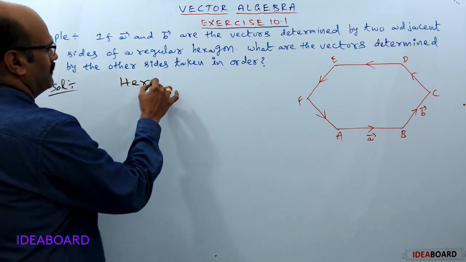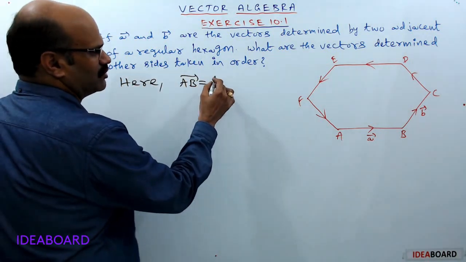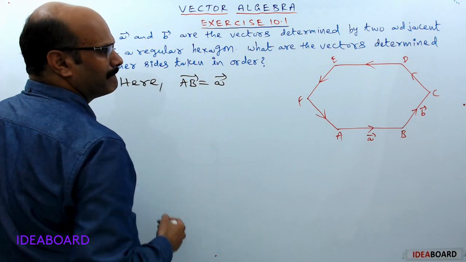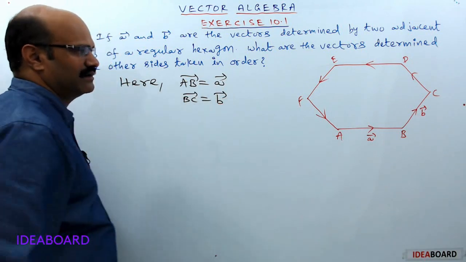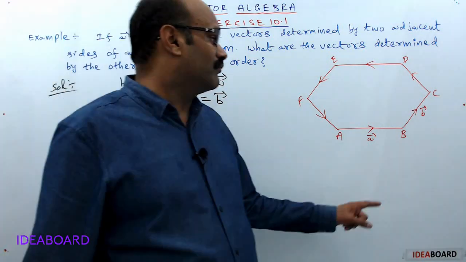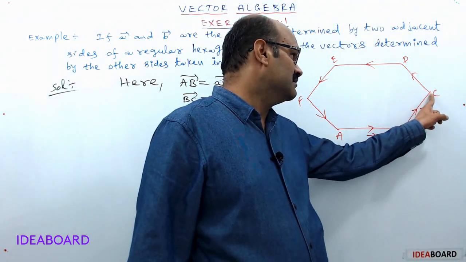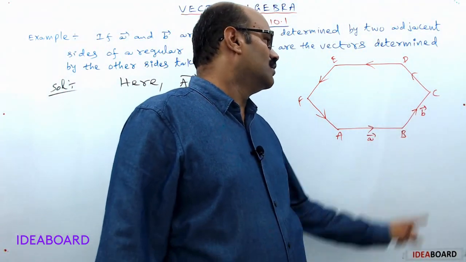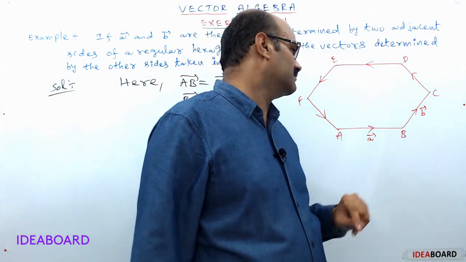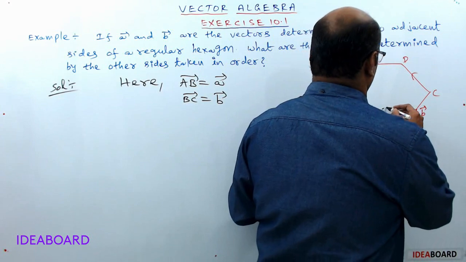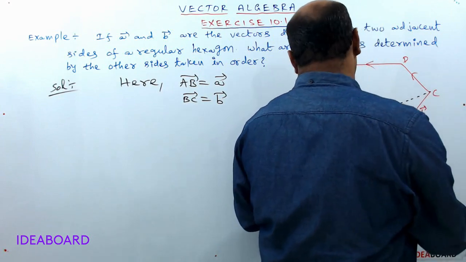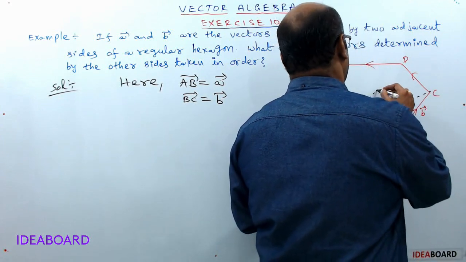Now we have to find the CD vector. To find the CD vector, join A and C. Also join A and D.